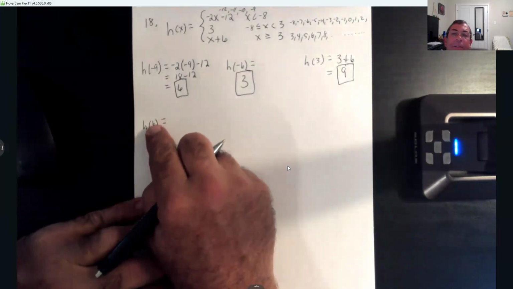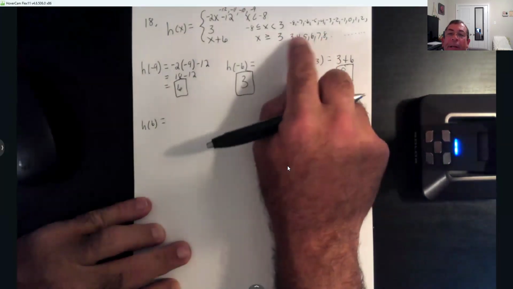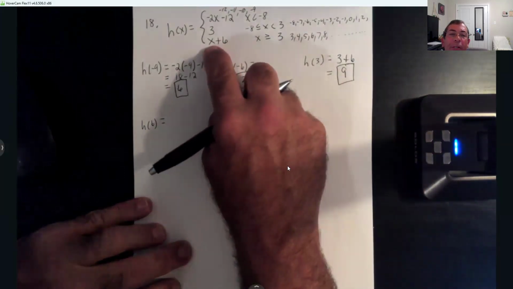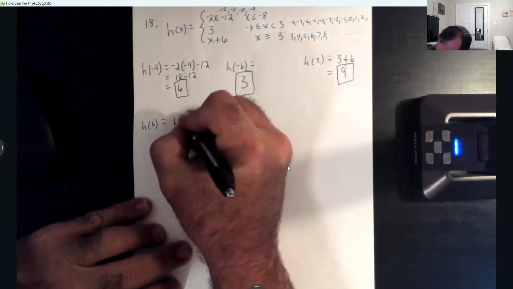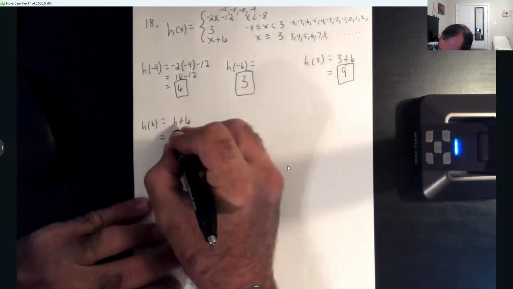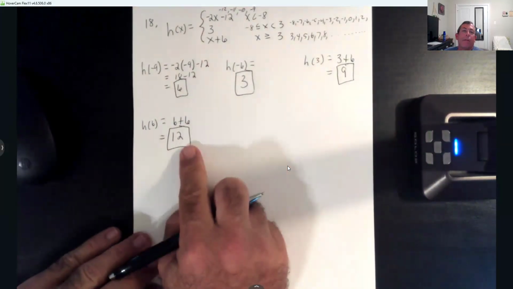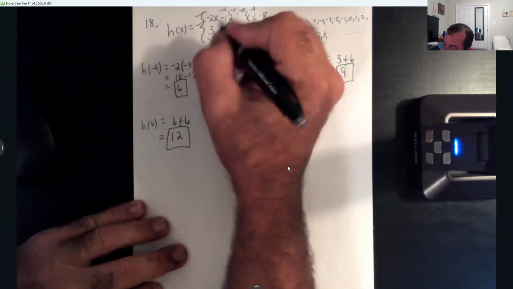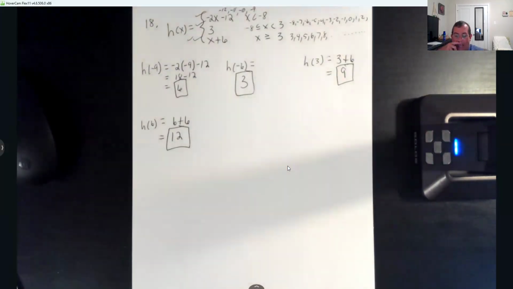And then finally, h of 6. Well, 6 is greater than 3. And remember, it's in this range of numbers we said. So I would use this equation again. So I would put a 6 in for the X. And then 6 plus 6 gives me 12. So every time I've done this problem, I had one there, and then the last two always used that last equation, okay?